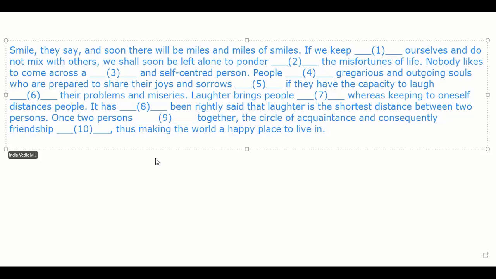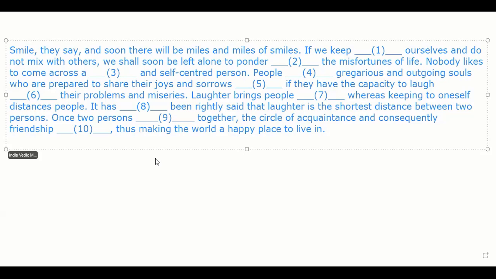Smile, they say, and soon there will be miles and miles of smiles. If we keep something ourselves and do not mix with others, we shall soon be left alone to ponder something. The misfortunes of life nobody likes to come across as something and self-centered person. People, something gregarious and outgoing souls who are prepared to share their joys and sorrows.